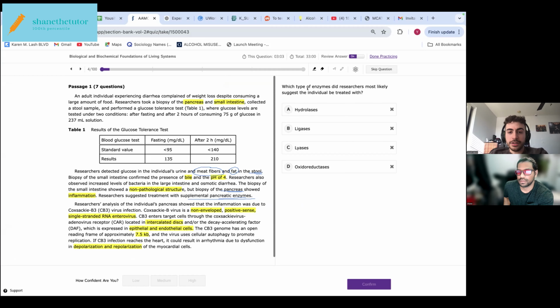So it's either hydrolase or lyase, but hydrolase uses water to break something apart. Here, we're not talking so much about water. Okay, so meat is protein, right? Protein is composed of amino acids.